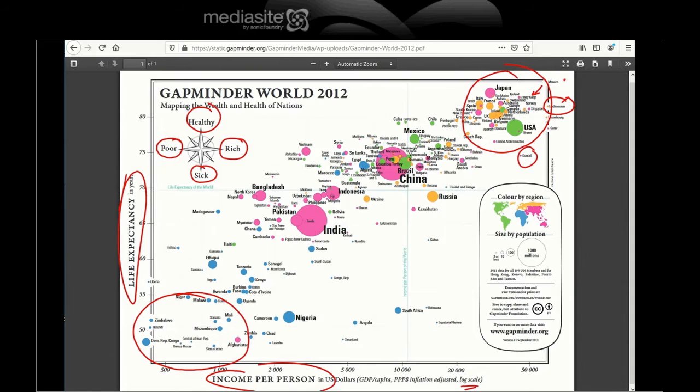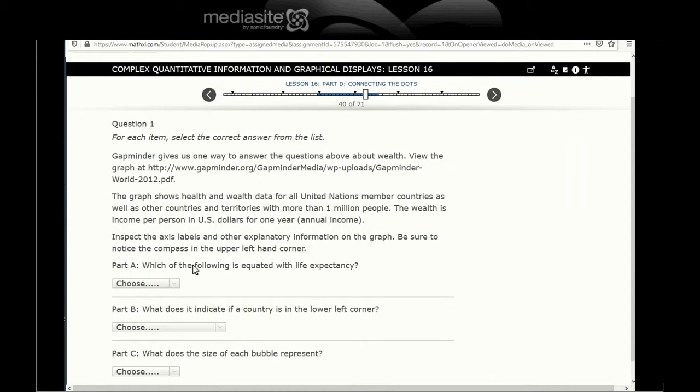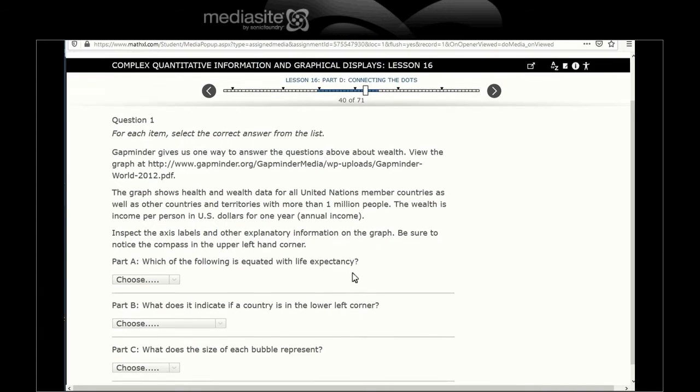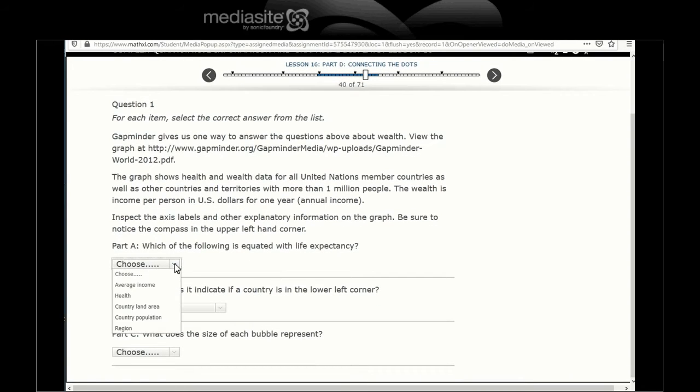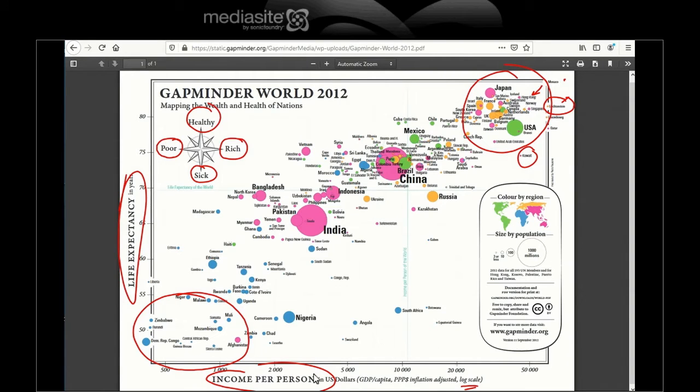Okay. So which of the following is equated with life expectancy? Okay, which is equated with life expectancy? Referring to that one, well, life expectancy is your up and down.